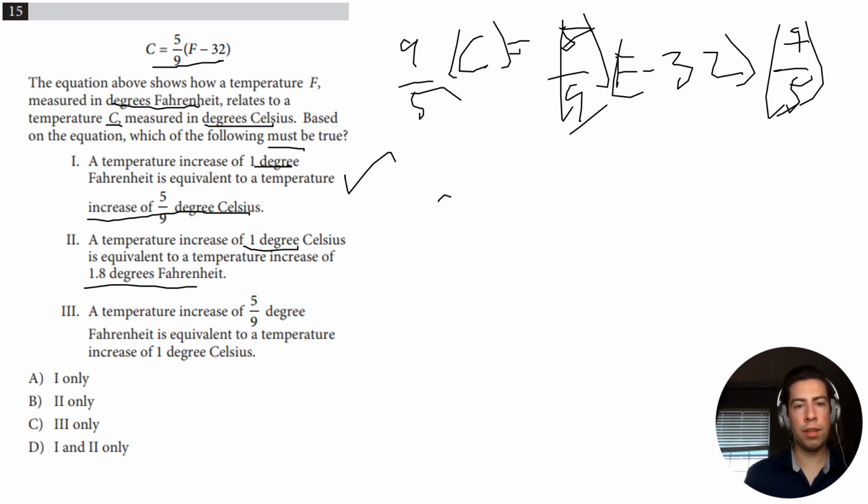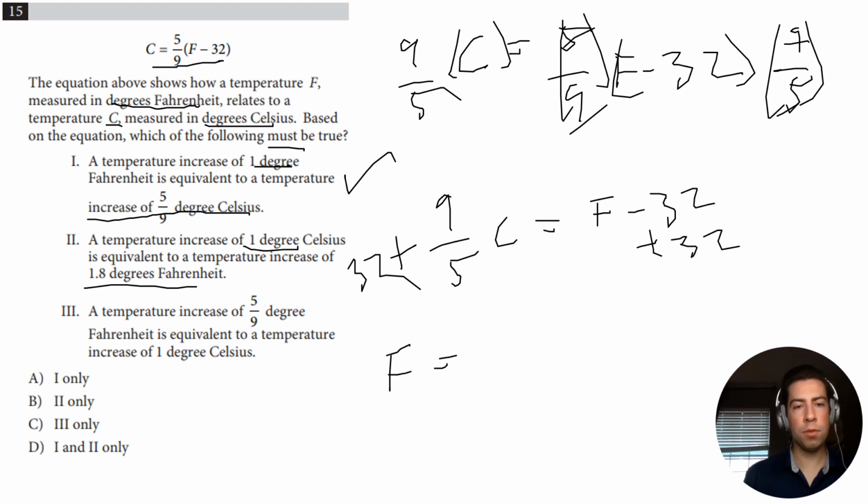And then I'm going to have 9/5 C equals F minus 32, and I'll add 32 to both sides. So I will have F equals 9/5 C plus 32.